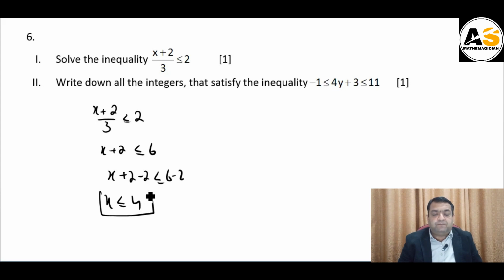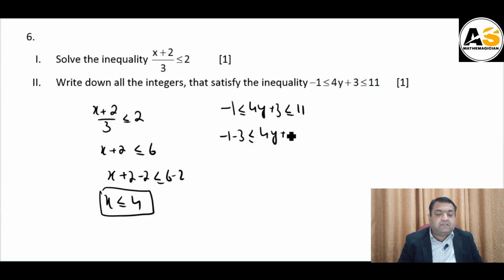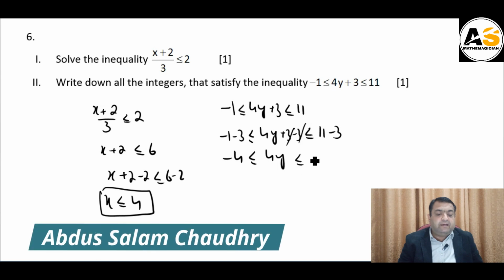This is the solution. In the second part, -1 is less than or equal to 4y plus 3, which is less than or equal to 11. Subtracting 3: -4 is less than or equal to 4y is less than or equal to 8.